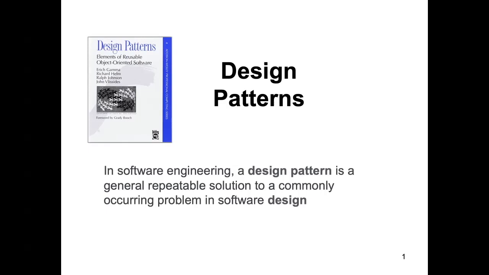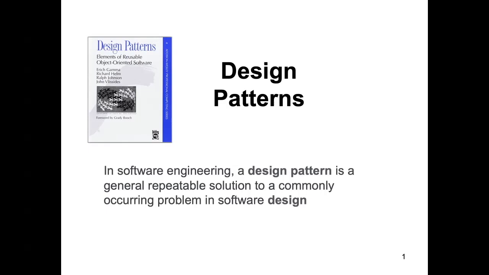What has happened over the decades is that as software engineers, we have been coming across similar types of problems that we want to implement solutions to. I'm talking about problems at the micro level rather than at the macro level.